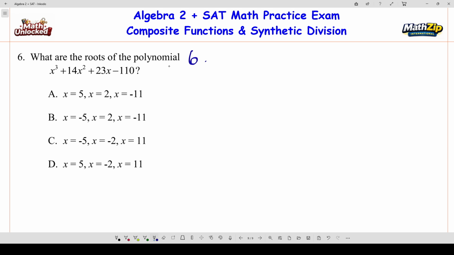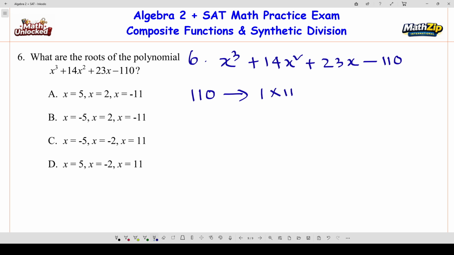What are the roots of the polynomial x cubed plus 14x squared plus 23x minus 110? So if we factorize this 110, what will we get? We can write 1 times 110, 2 times 55, 3 is not possible, 4 is not possible, 5 times 22, right?